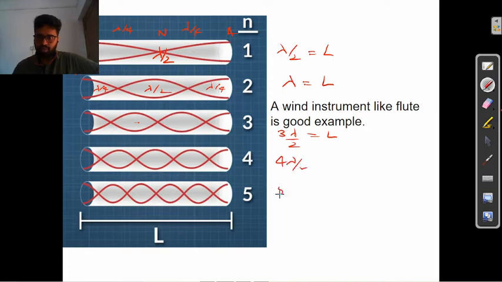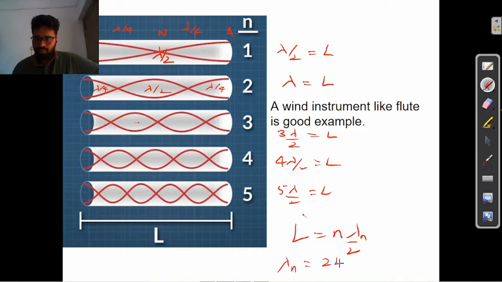Fifth one will be 5 lambda by 2. So the common representation can be L is equal to n lambda by 2, or it can be written as lambda n is equal to 2L by n, and n represents the nth harmonic.